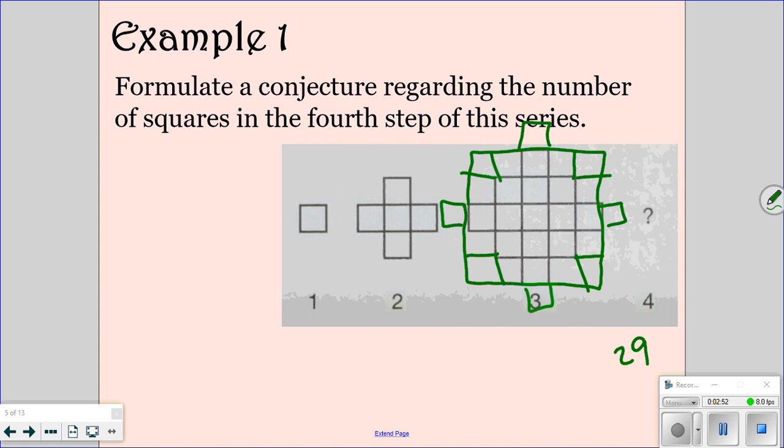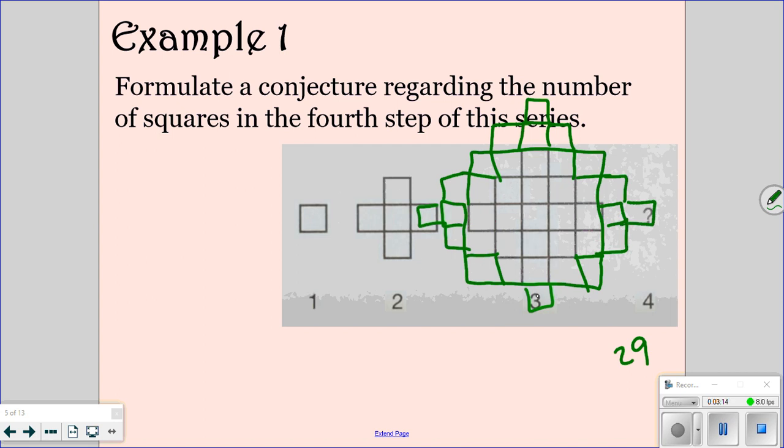But that may not be what you thought the pattern was. You may have thought that it would look more like this, where it's a stair step on the sides. And that's okay. It said make a conjecture.